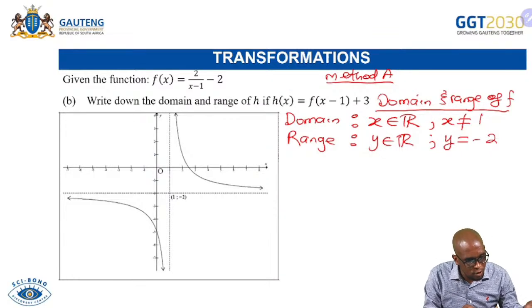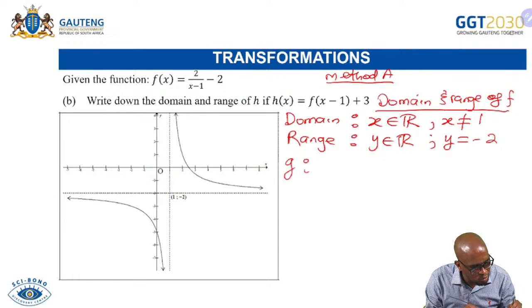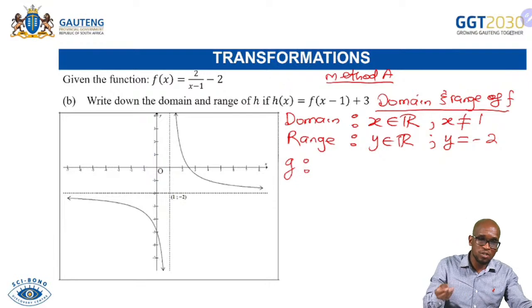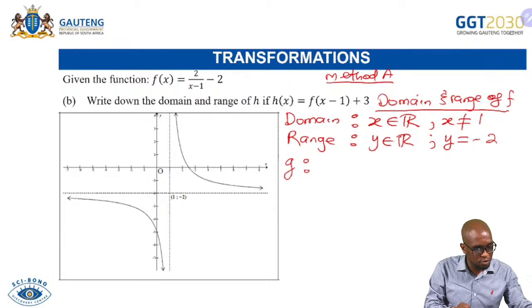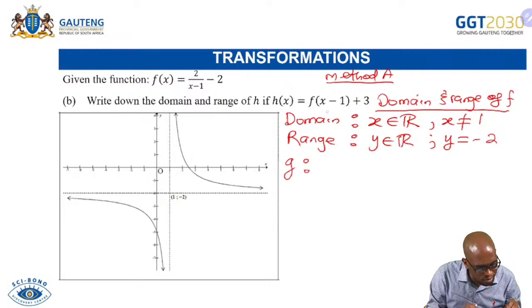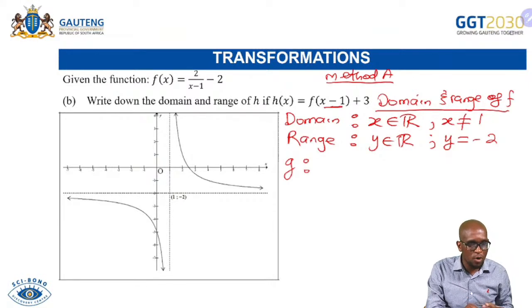Now, to find the domain and range of h, what are we going to do? We're going to transform the domain and range of f using the given transformation. If you check the transformation, all the points are moved 1 unit to the right and 3 units upwards. So for x, I'm going to add 1, and for y, I'm going to add 3.